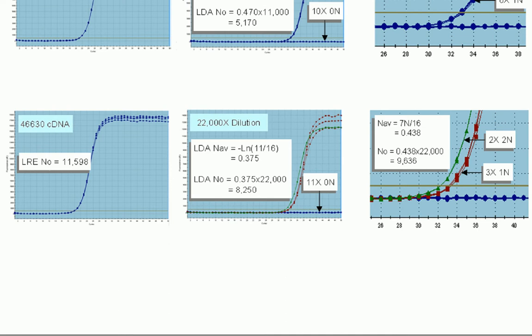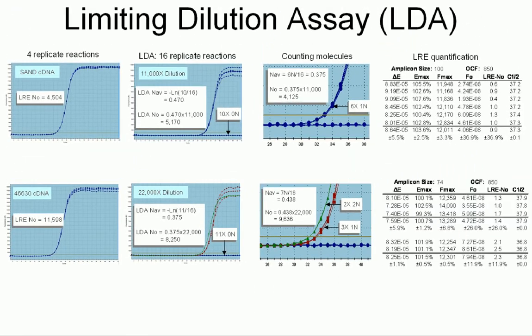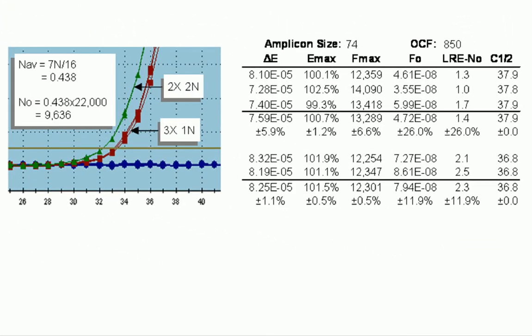This is supported by counting molecules, which predicts a target quantity of about 9,600 molecules in the undiluted sample. LRE quantification further supports this contention, predicting quantities of 1.4 and 2.3 molecules, respectively. Note also that the profiles are separated by precisely 1 cycle, which is consistent with a 1-fold difference in target quantity.